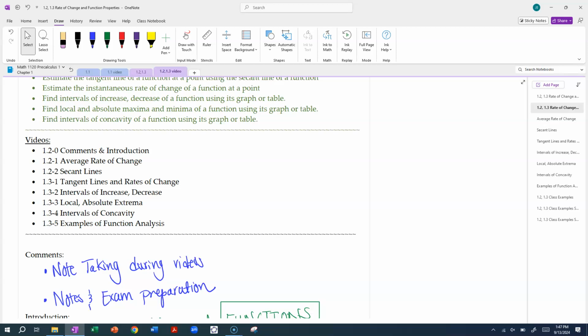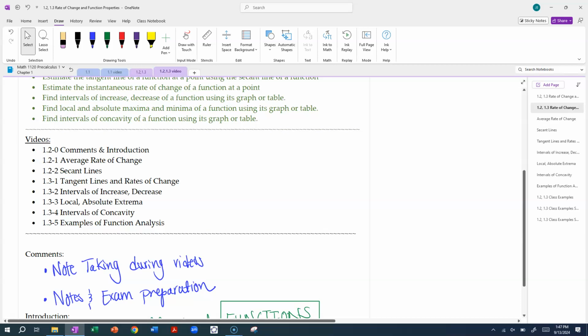Some of you may not need to write everything down. Maybe it's just an example or two. Maybe it's definitions. Figure out what works for you. But either way, note taking, even though you have access to all the videos, really helps. Writing it down for yourself really helps. So I encourage you to take notes during the videos.